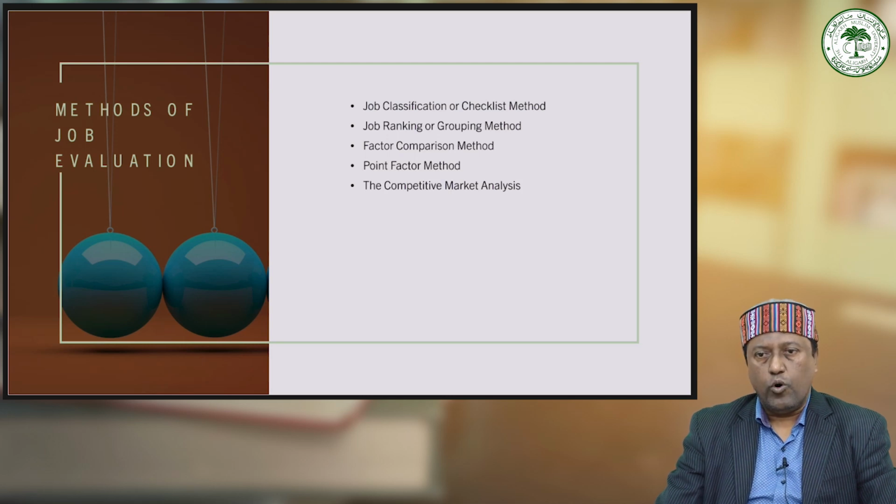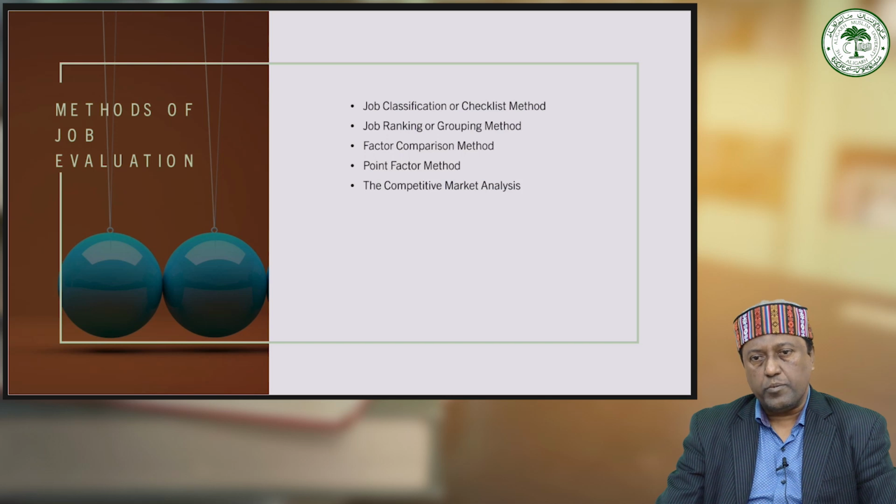Monetary values or weights are assigned to each factor based on its importance in influencing job value. For example, mental requirements or skill levels may be given higher weights if they are deemed more critical to the job's overall contribution. Then the next step is comparison of key jobs.